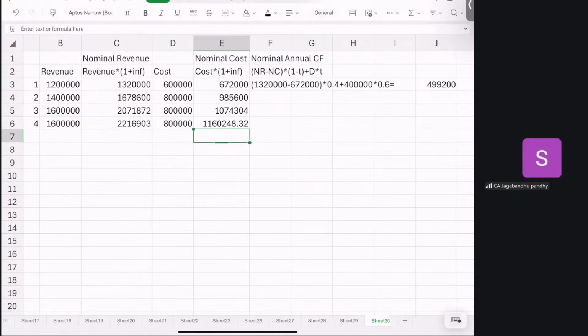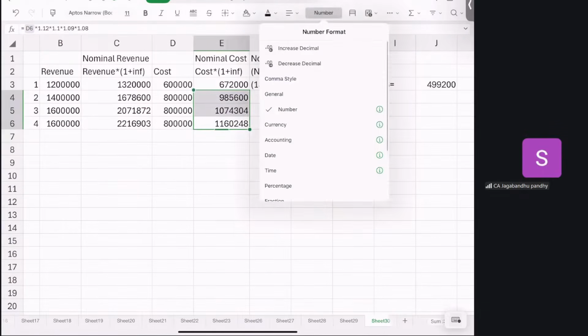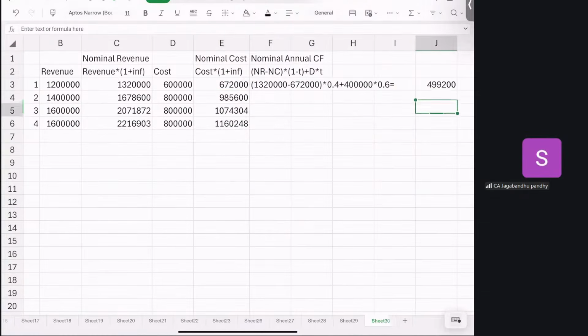Okay. Are these numbers accurate now? Yes, sir. Yeah. Perfect. Just calculate the nominal annual cash flows, guys. Calculate the nominal annual cash flow by using the same formula that we have specified here.